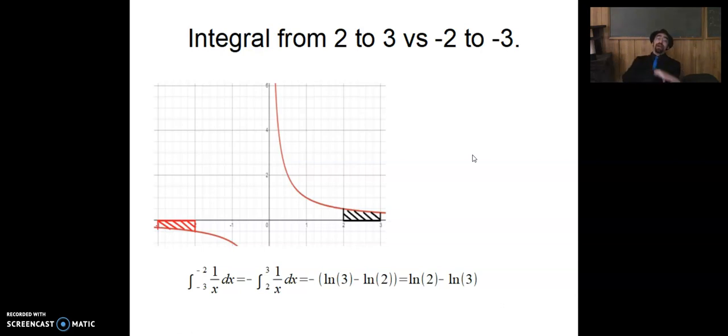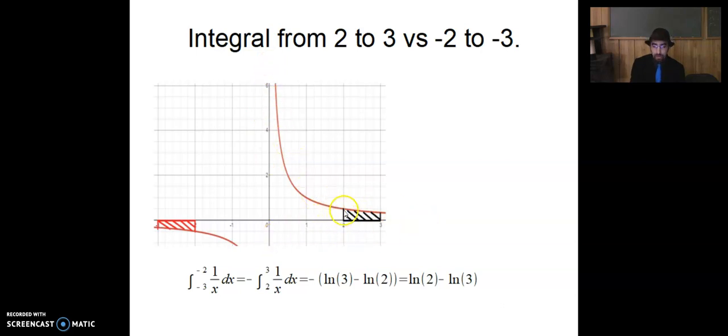So let's compare the integral from 2 to 3 of 1 over x versus negative 3 to negative 2. I say negative 2 to negative 3 up here. It should be negative 3 to negative 2. I know that the function 1 over x is an odd function.